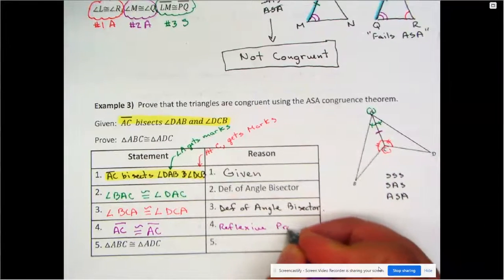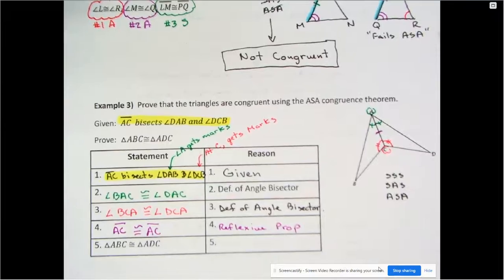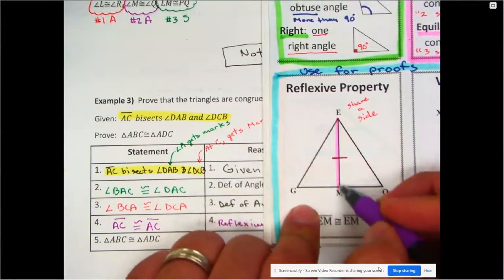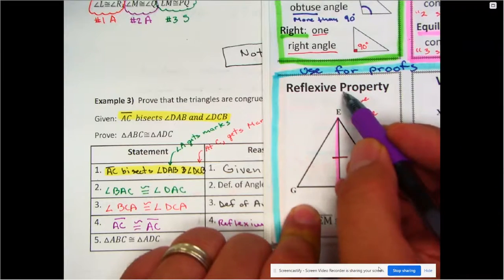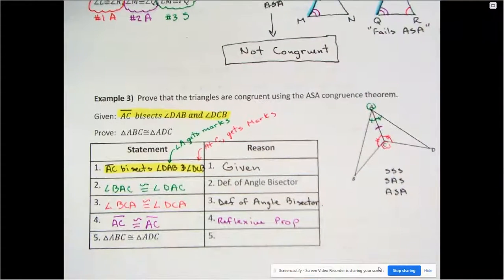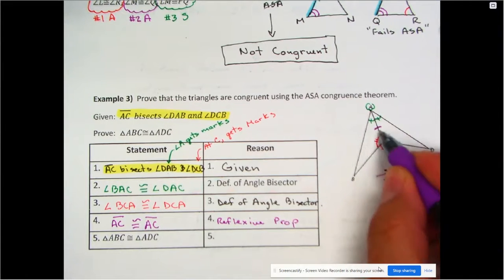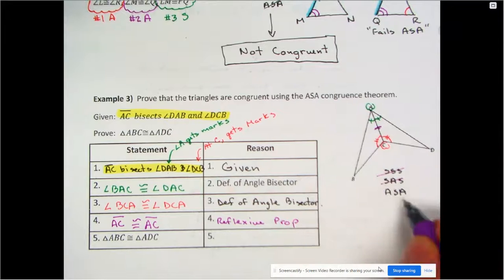And I know many tend to forget, because I don't know how to spell it. Well, remember, in your word wall, this is the rule I just applied. They share a side, so we call it the reflexive property. And now if I look, were 3 sides marked? Nope. 2 sides? Nope, only 1 side was marked. There's the 1 side.